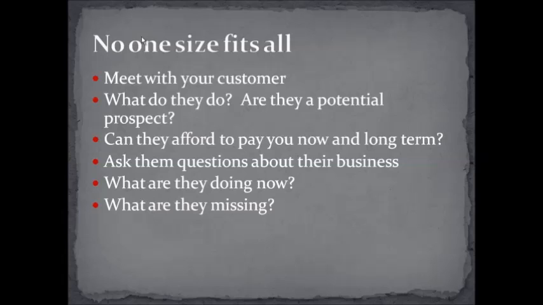What are they missing? Well, in this case, the realtor is missing a lot of online marketing. She's not doing video marketing, which can really help offline businesses. And I can see so many potentials and so many things that I can offer her if I know what is missing. So what are they doing now, but what are they missing?